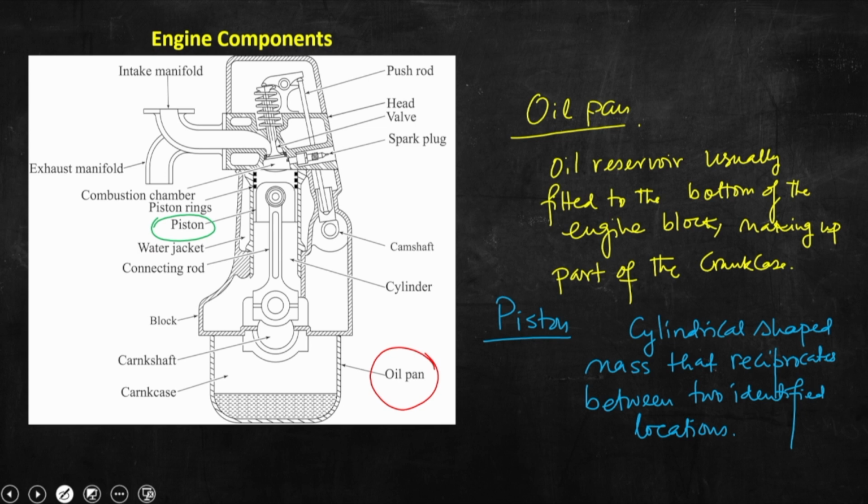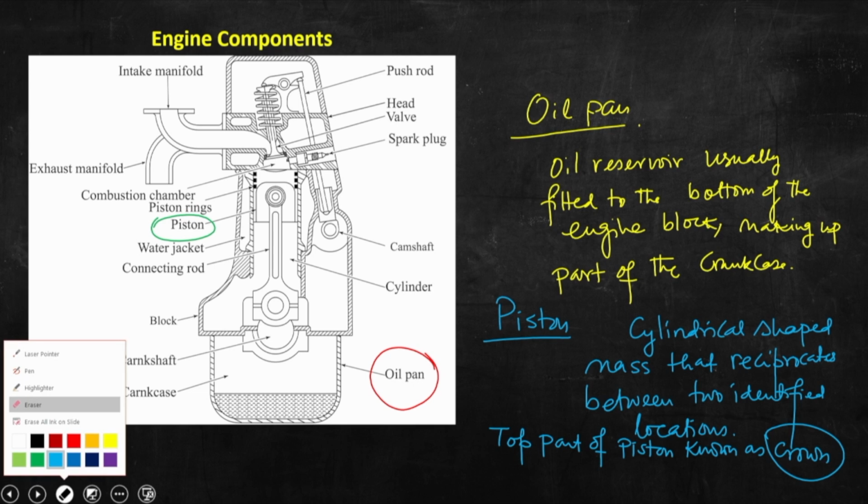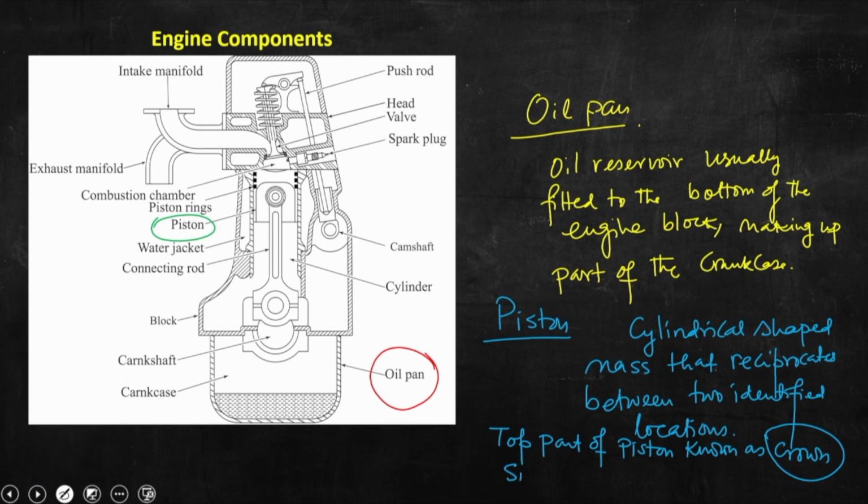Okay. Now, the top part of the piston is known as the crown, very important. The side part of the piston is known as the skirt. So, this is what we have seen today.